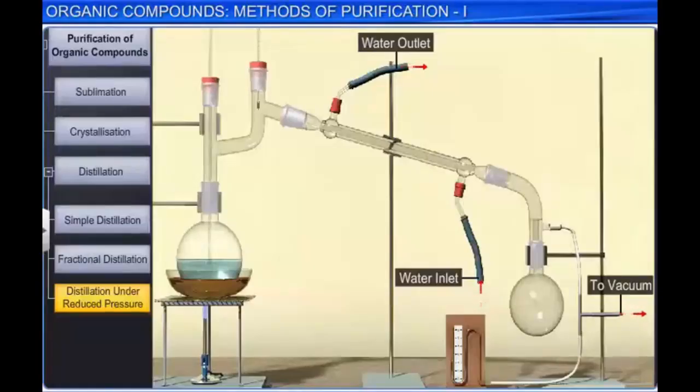In the case of liquids with very high boiling points and liquids that decompose below their boiling points or at their boiling points, another method called distillation under reduced pressure is used for purification. In this method, the pressure on the liquids is reduced with the help of a water pump or a vacuum pump.